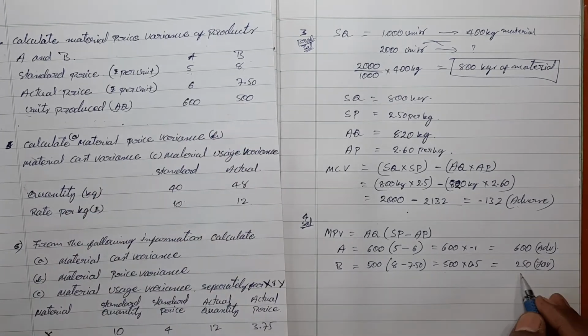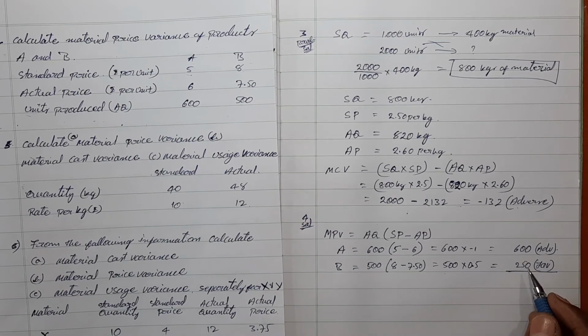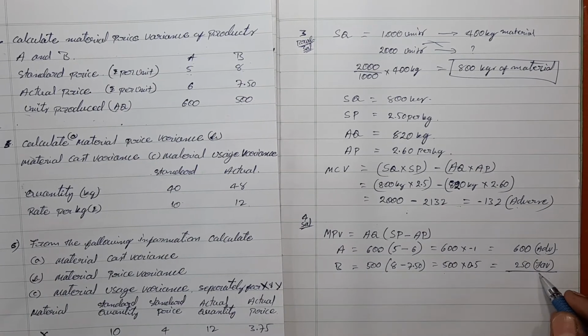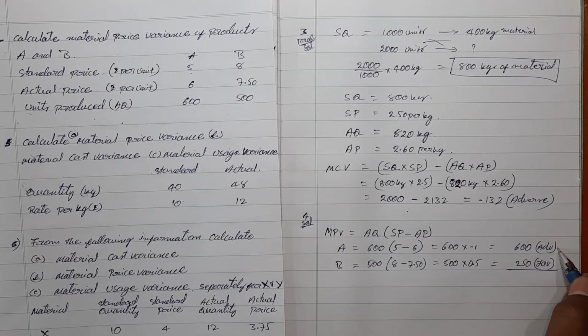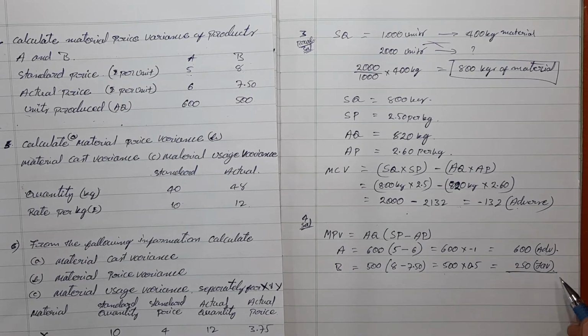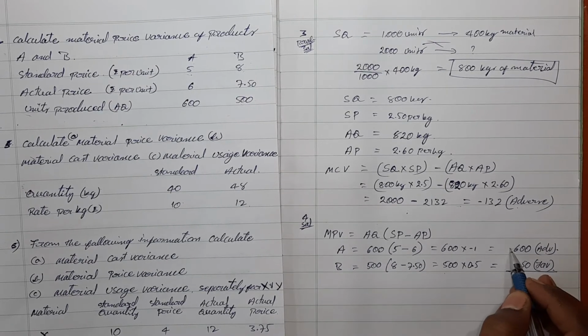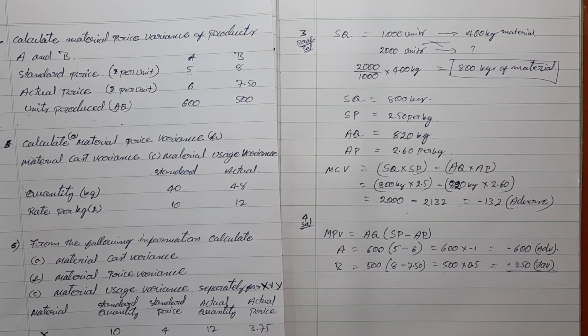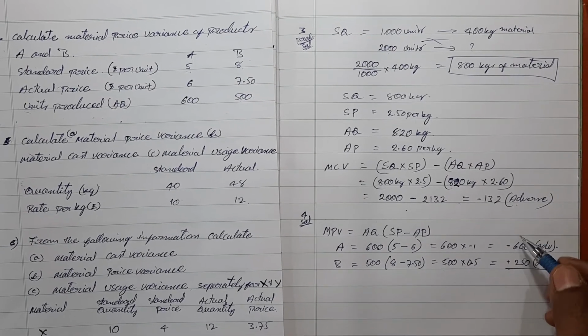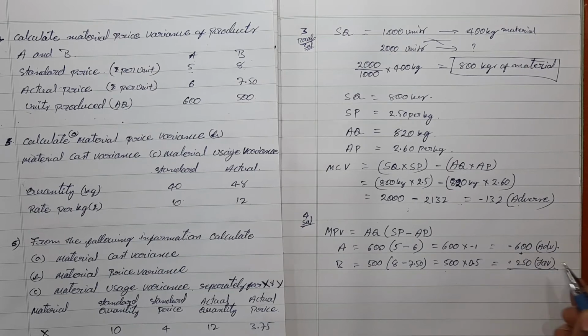Whenever both are the same sign, we should add both the values, but whenever one is adverse and the other is favorable, we should deduct.